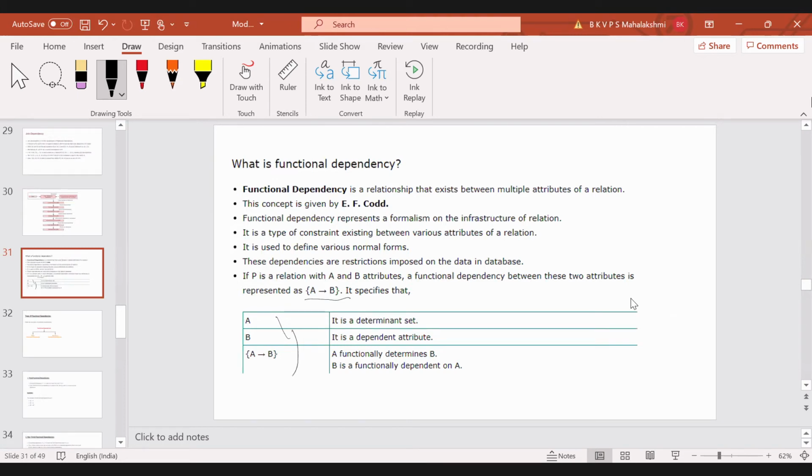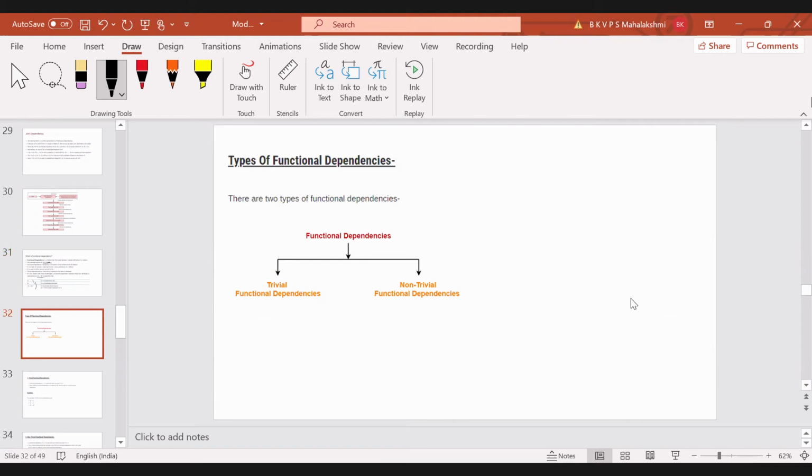And what is the dependent attribute and what is the determinant attribute? This concept was introduced by E.F. Codd. There are types of functional dependencies, only two types. So what are those? Trivial and non-trivial.